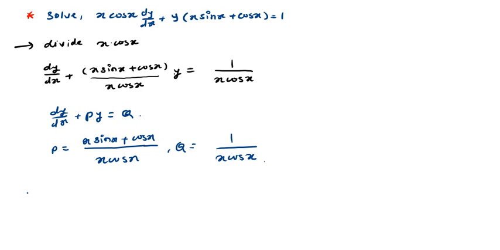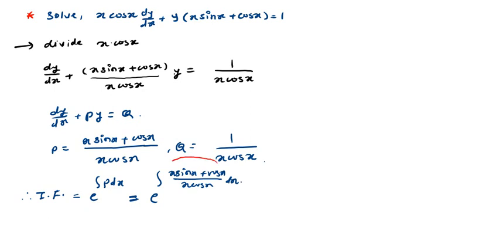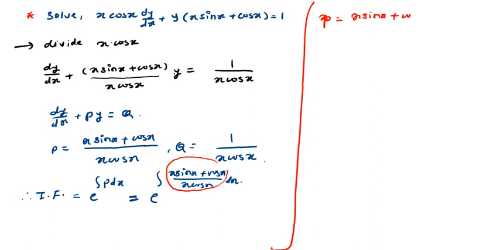Therefore the integrating factor is e to the power integral of p dx, which is e to the power integral of (x sin x plus cos x) upon x cos x dx. Firstly I will simplify this term p, which is (x sin x plus cos x) upon x cos x.